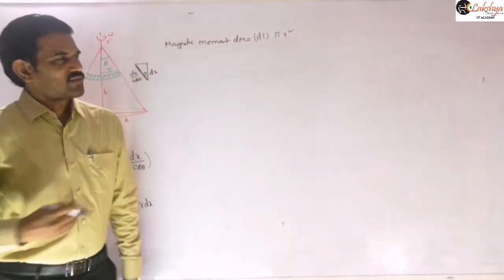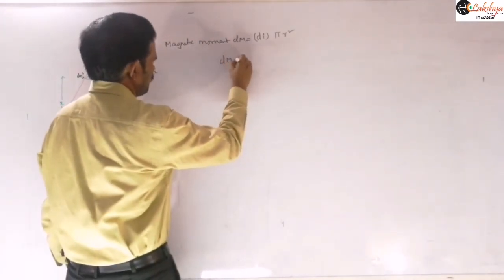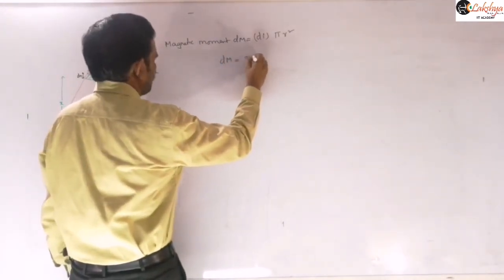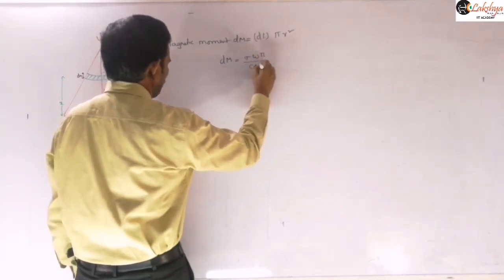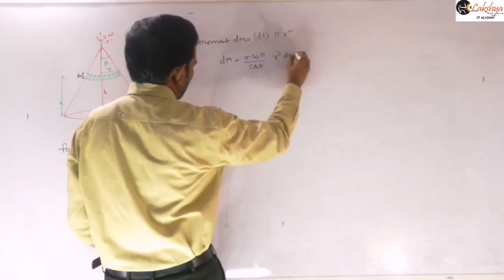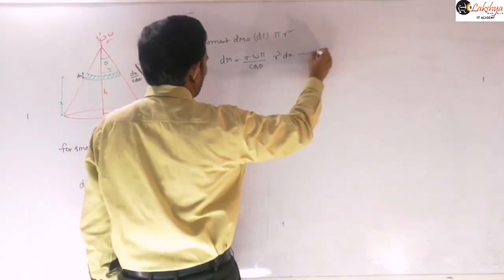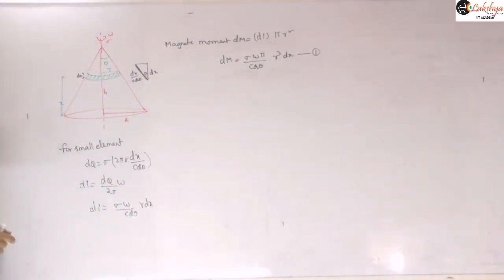So now let us substitute this di value, and then let us see the simplification here. So sigma omega into pi by cos theta, and here this is r cube into dx. Let's suppose this is our equation 1, right? So that is our equation 1 I am taking there.